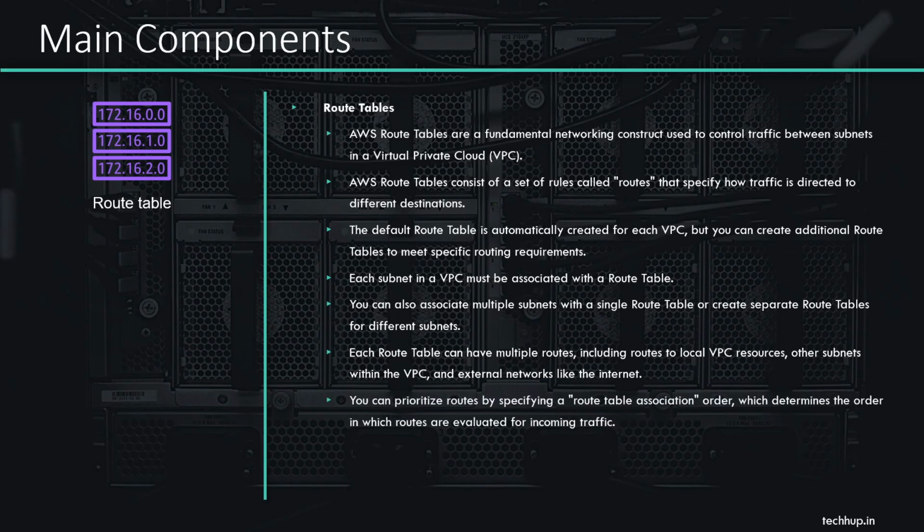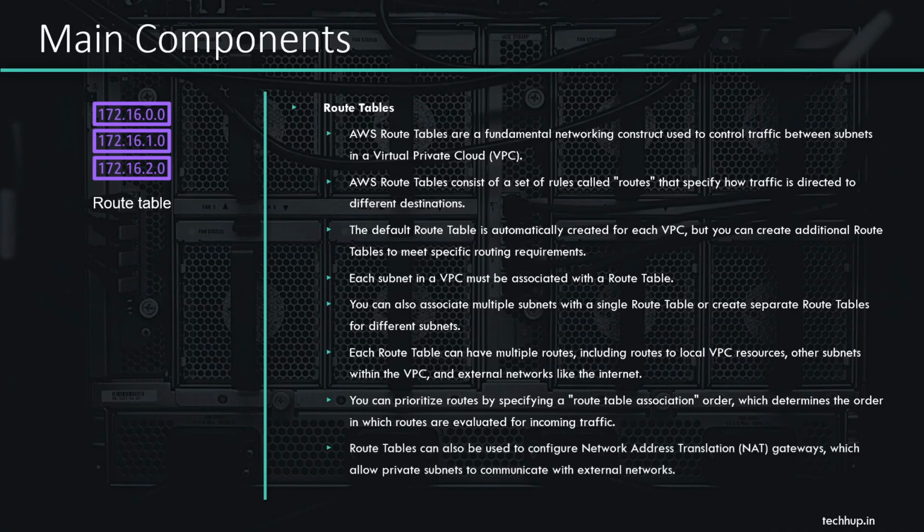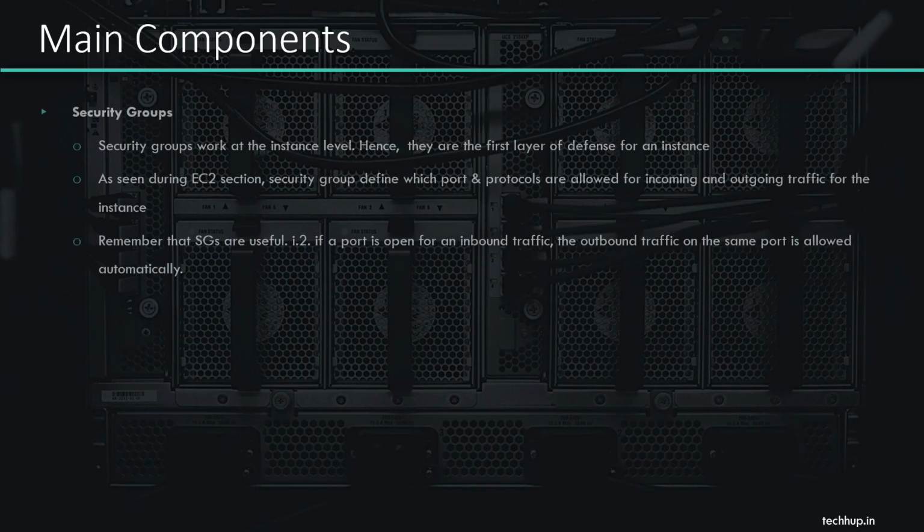You can also prioritize the routes by specifying a route table association order, which determines the order in which routes are evaluated for the incoming traffic. Route tables can also be used to configure network address translation gateways, which allow a private subnet to communicate with external networks.